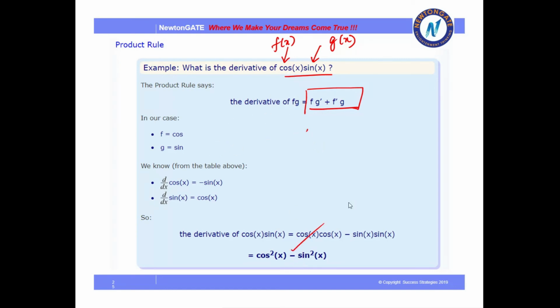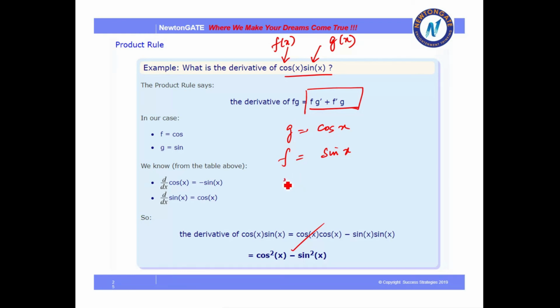result I am getting. Now let us see what would have happened if I had taken the opposite case. That is, if g would have been cos x and f would have been sin x. Would that be any different, or would it have been the same thing?